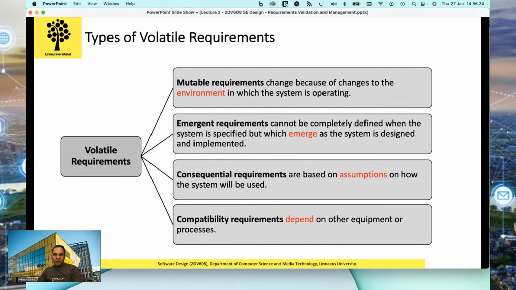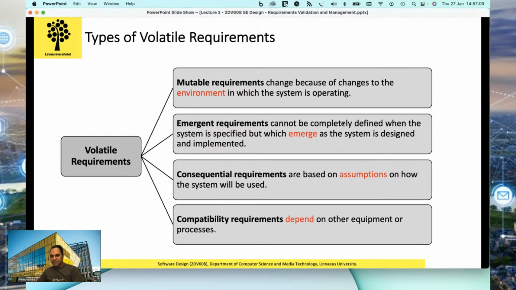And then there are basically 4 types of volatile requirements. One is the mutable requirements, which might change due to the operating environment. There can be emergent requirements, because we might not define the requirements well enough in the beginning, but as the system evolves or as time goes, we might have a better picture of those requirements.